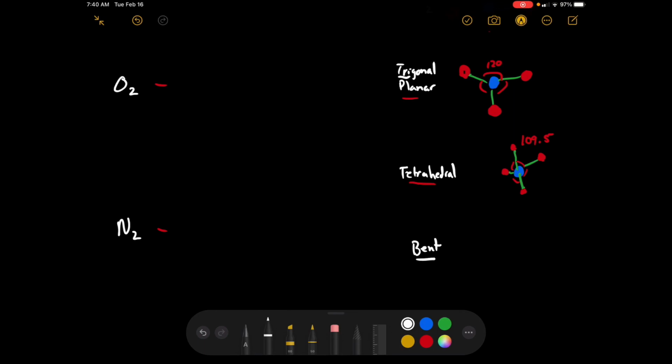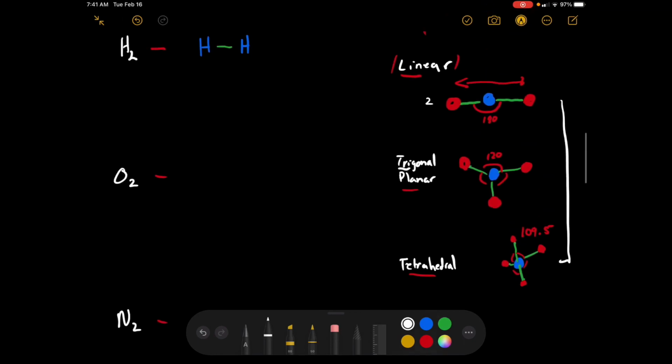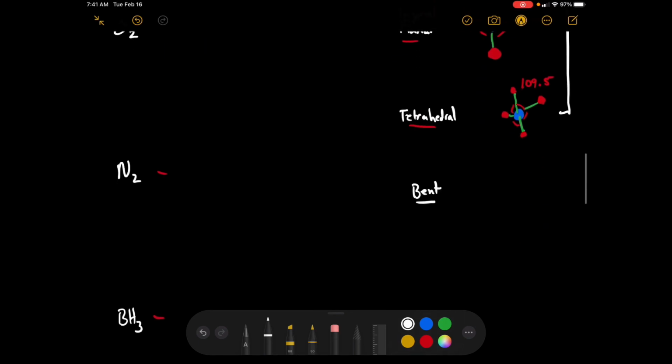You have a tricky one here, which is going to be called the bent model. And it's basically just as it says. A bent model is going to be either 2 or 4, but we're just going to draw a 2 here, where none of these have lone electrons. There's no lone electrons here. Now, a bent shape does, and I'll show you what that does to it. Basically, a bent shape is a central atom with 2 bonds, and I'm going to put two lone electron pairs here.